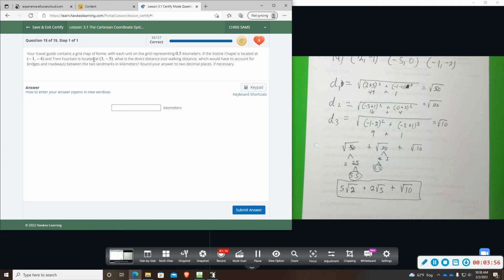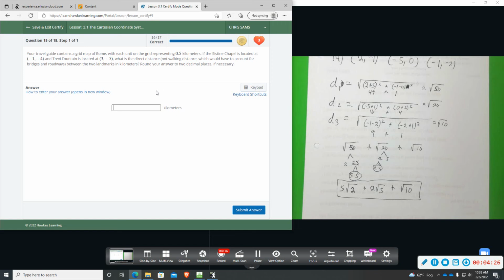Alright, so we have an application for our last problem. Number 15 says your travel guide contains a grid map of Rome with each unit of the grid representing 0.5 kilometers. If the Sistine Chapel is located at -1, -4. The Trevi Fountain, I don't know that landmark, is located at 3, -5.